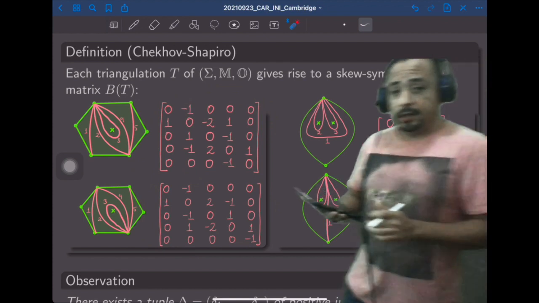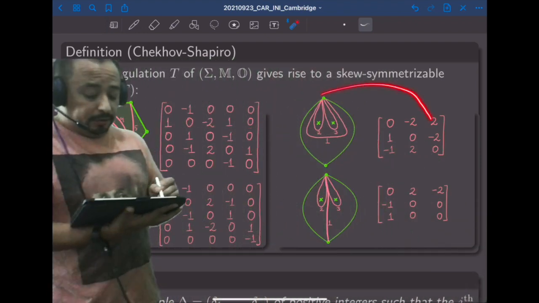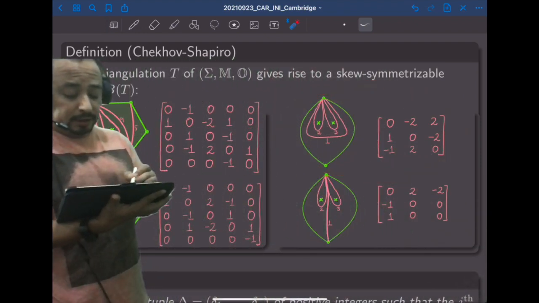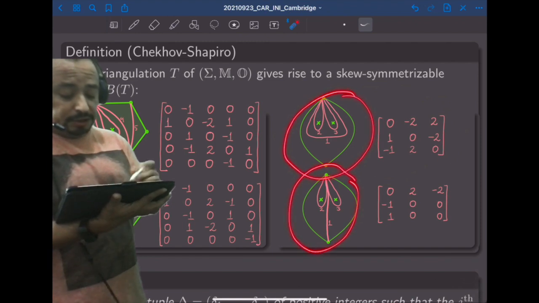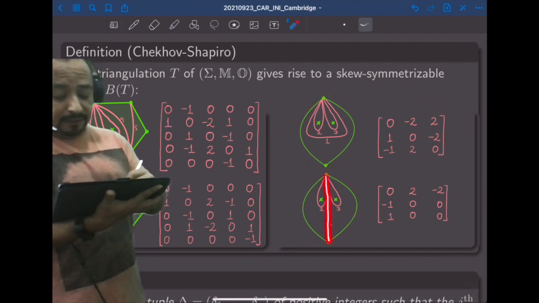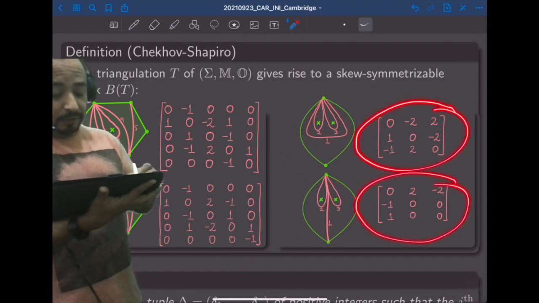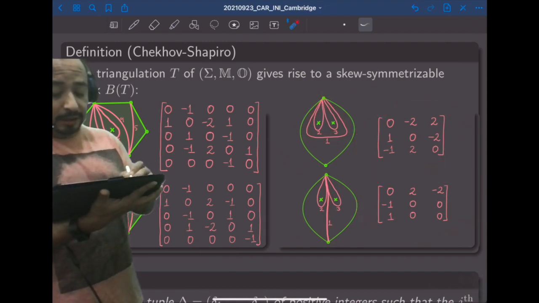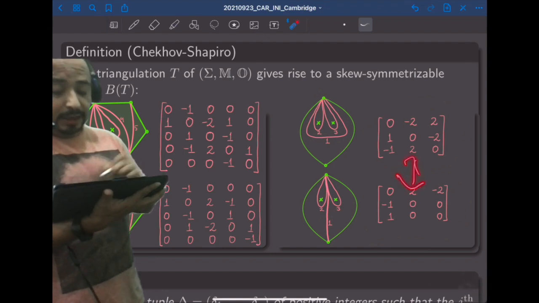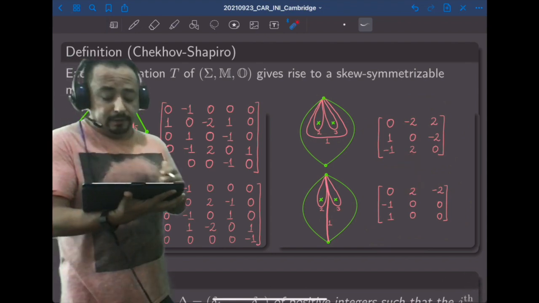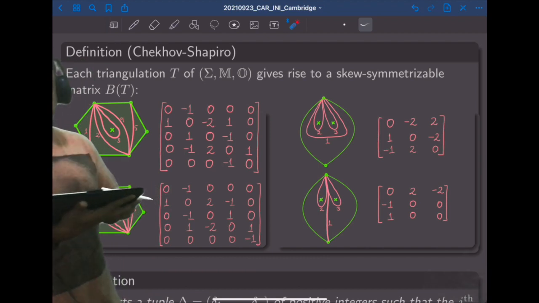So here you can see another example of these other two triangulations, which are again related by a flip, right? And the two associated matrices, and again you can check that these two matrices are related by a Fomin-Zelevinsky matrix mutation.